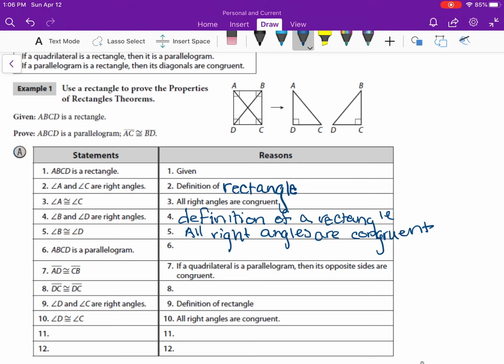So we know ABCD is a parallelogram because both sides of opposite angles are congruent. We're bringing everything back to these definitions.